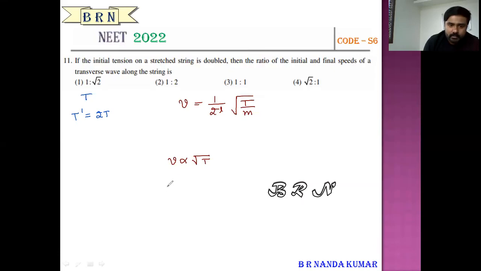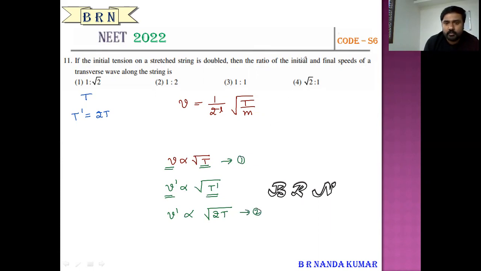See, the new speed v dash is proportional to root T dash. This is the original speed and this is the original, initial tension. This is the final speed and this is the final tension. So v dash is proportional to root of T dash, which is 2T. Correct? Call this equation number 1 and this equation number 2.